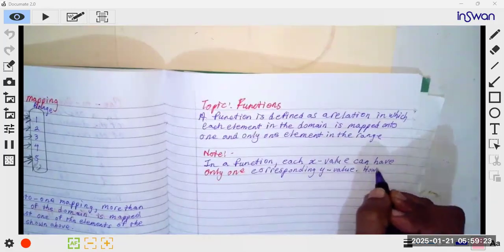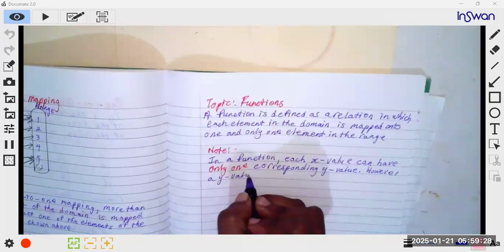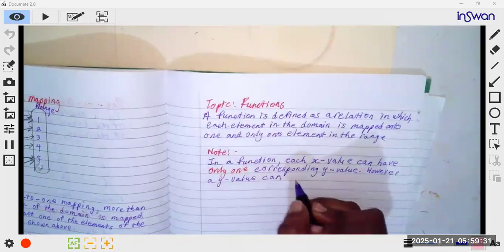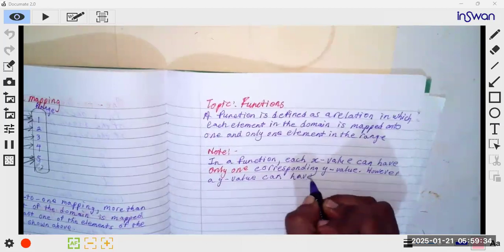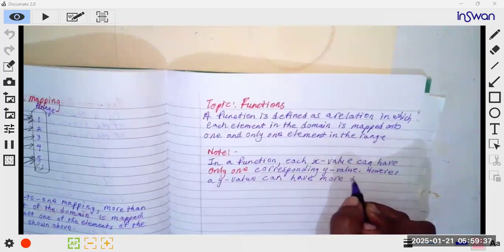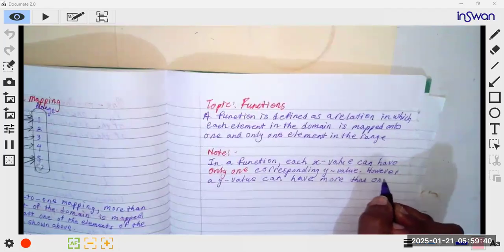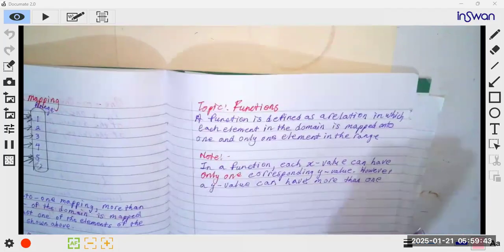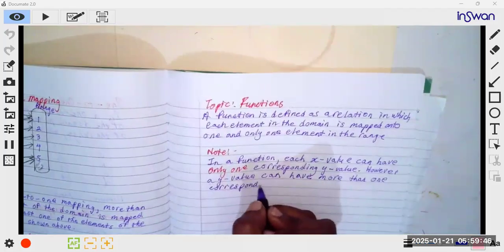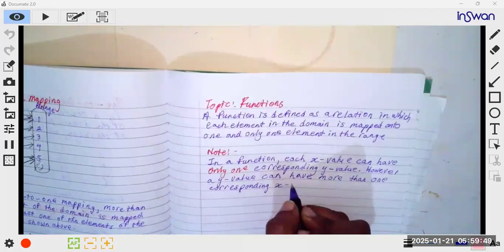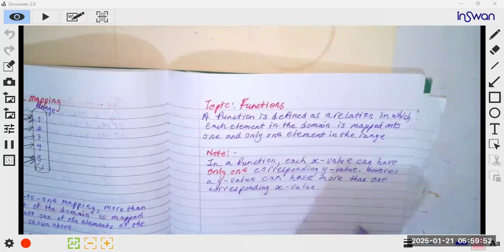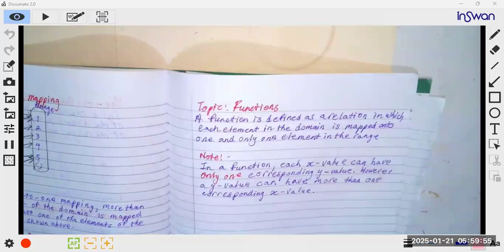However, a y value can have more than one corresponding x value. So in a function, each x value can have only one corresponding y value. However, a y value can have more than one corresponding x value.